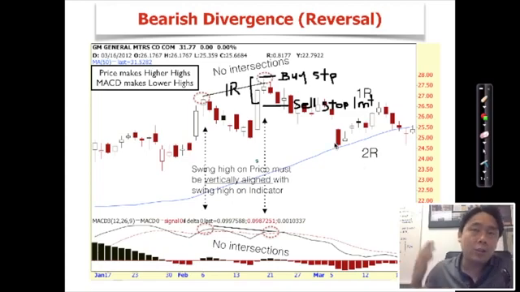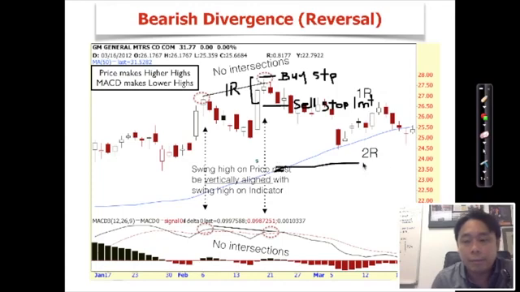So where is your target? Where do you exit the trade? Well, you look at where's the next level of support. Now, normally the 50 moving average acts as a support. So if you're selling over here, then your target will be the 50 moving average, somewhere here.